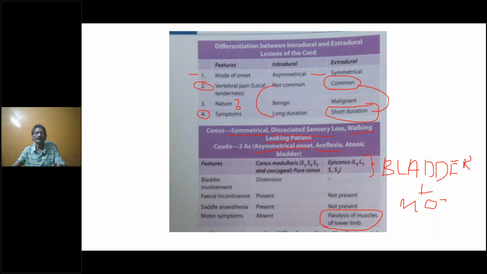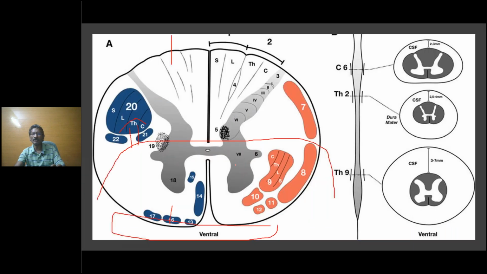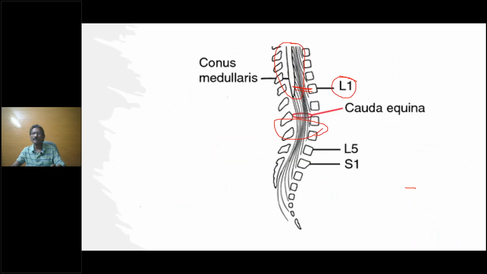I'll show you the diagram of the vertebral cord which I showed earlier. See, what you are looking at is this lesion.